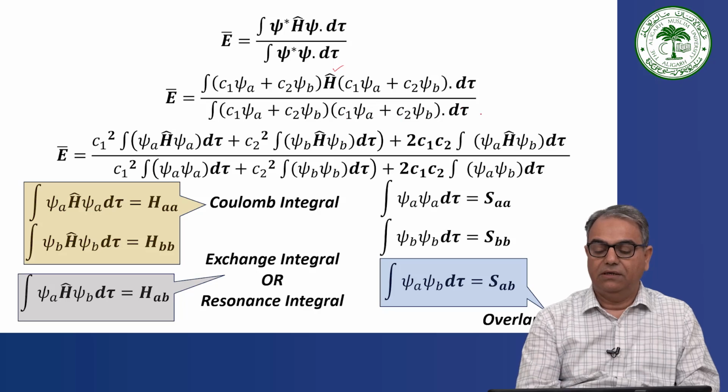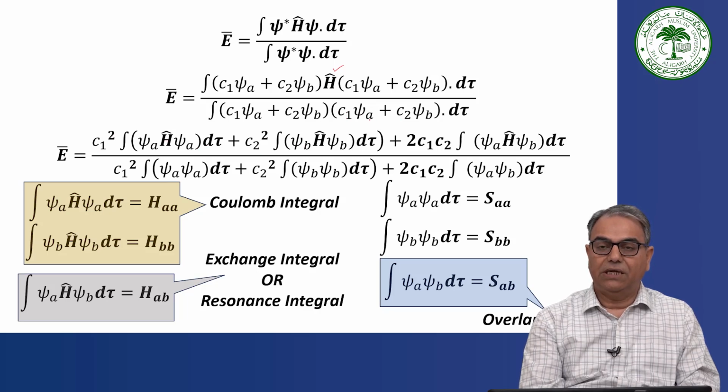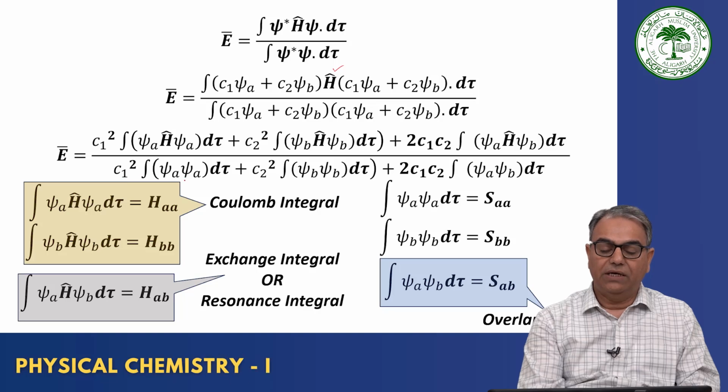If you expand this, you get C1 square psi a h psi a d tau plus C2 square psi b h psi b d tau plus 2 C1 C2 psi a h psi b d tau as the numerator, and in the denominator C1 square psi a d tau, C2 square psi b d tau, and 2 C1 C2 psi a psi b d tau.